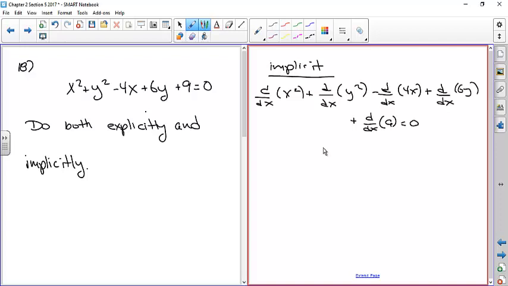So those are all the terms. All I did was put d/dx in front of each one. The ones that involve x, I just use the normal rules. The ones that involve y, I do the same thing, but I put a y prime on the end of it.